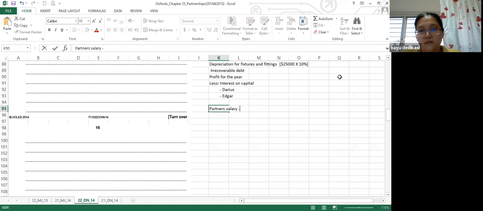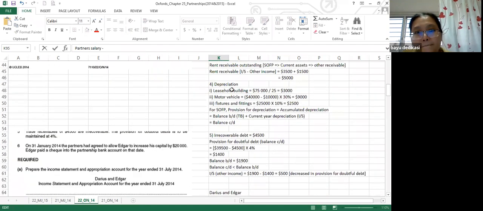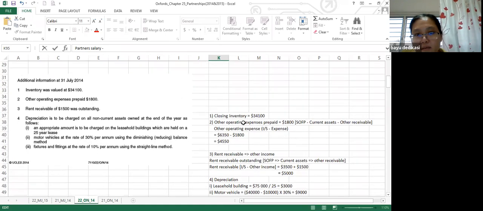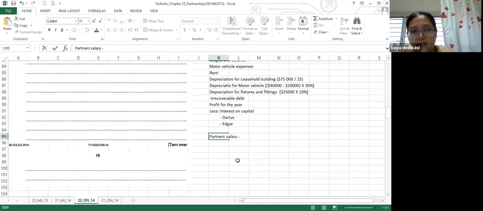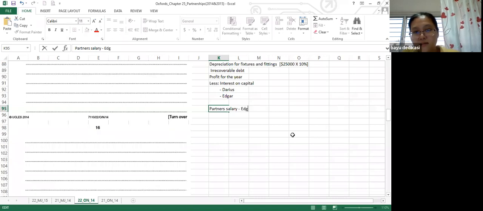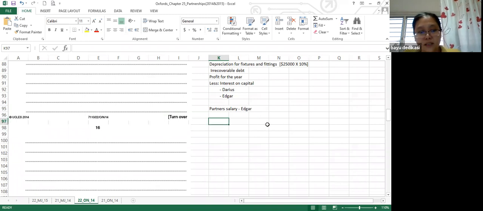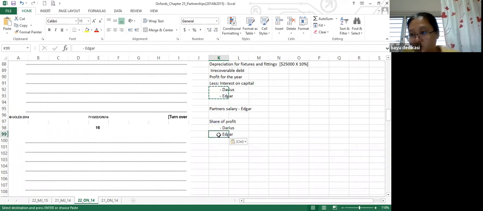Who gets it? Iga gets it. Okay, next, no more other things. The next will be share of profit. So your share of profit, show your working how you get the amount to be shared among these two partners.